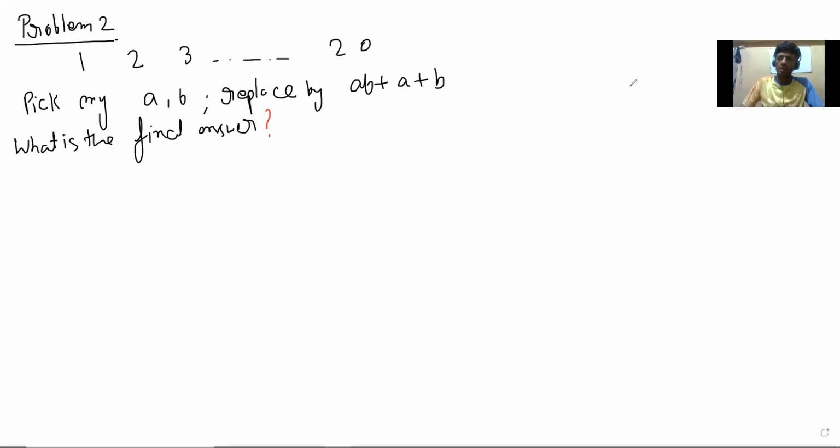So no one has tried this. Let's see. So if you have 1, 2, 3, 4 and you try this, then what do you get? Let's say that I just pick the numbers from left to right. Okay, so I pick 1 and 2, I get 1 plus 2, 1 times 2. Then I pick this and I pick 3. What do I do? I add them.